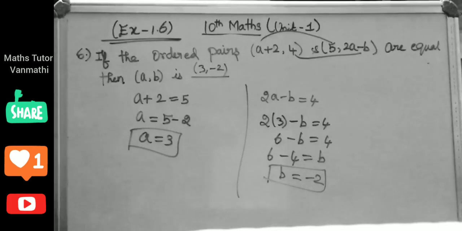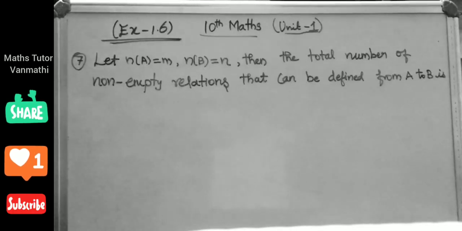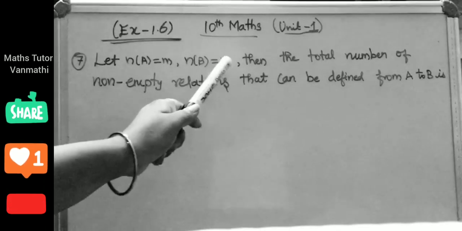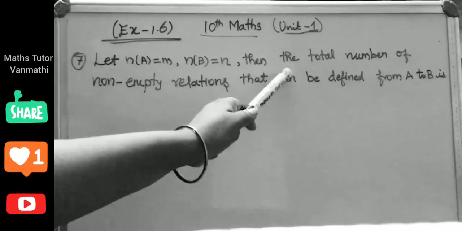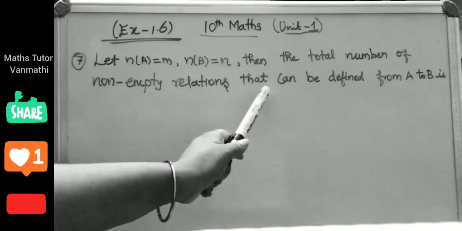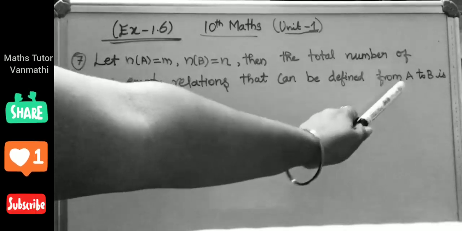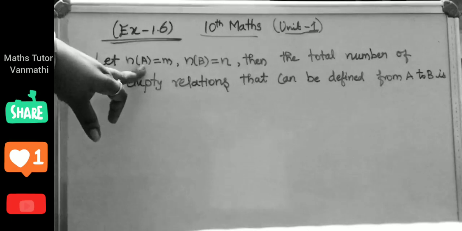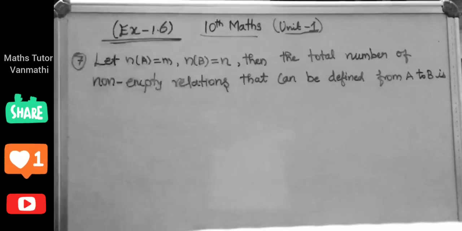Clear? Next let us see the seventh problem. Let n of A equal to m and n of B equal to n. Then the total number of non-empty relations that can be defined from A to B is? That is, n of A they have given as m and n of B they have given as n.